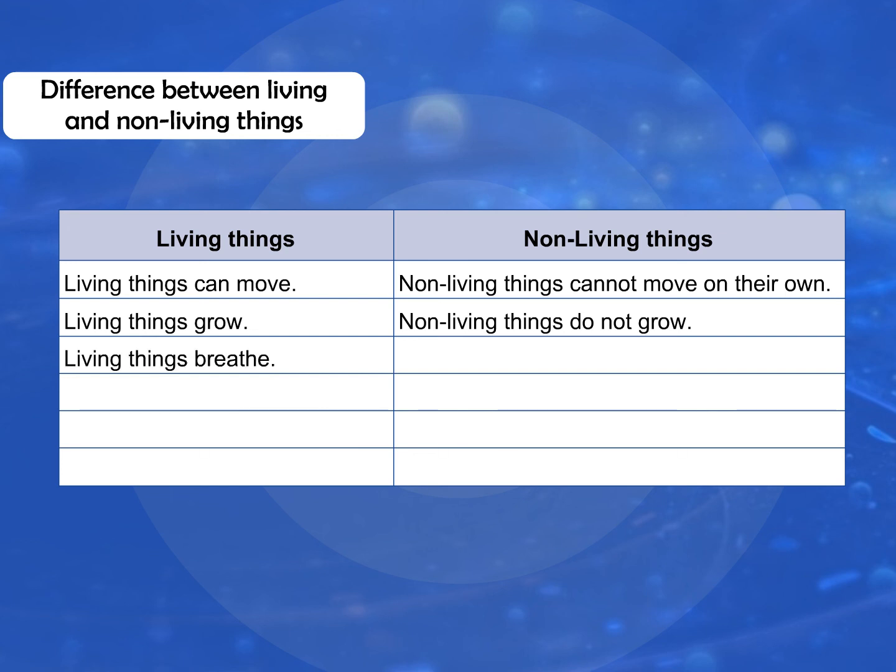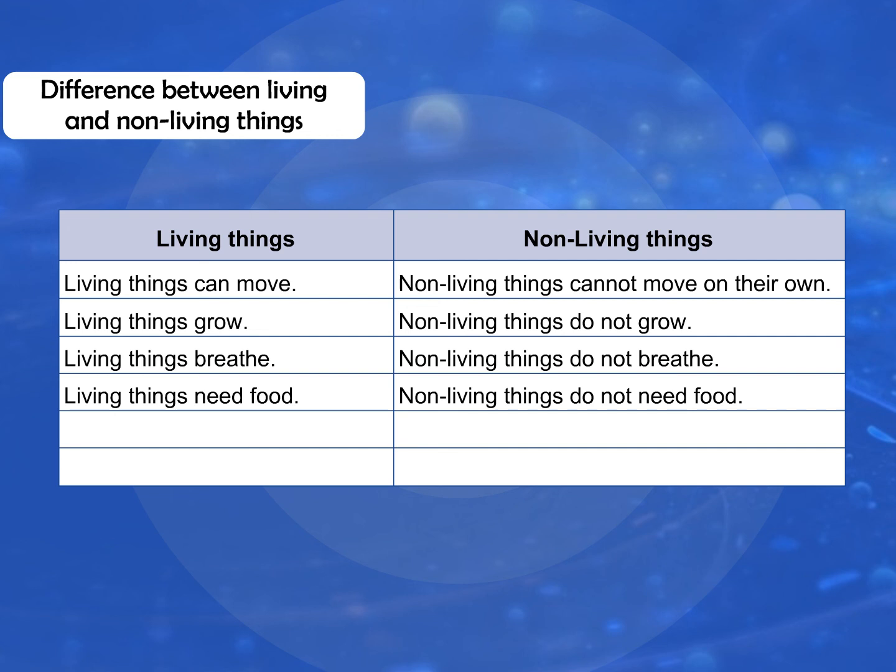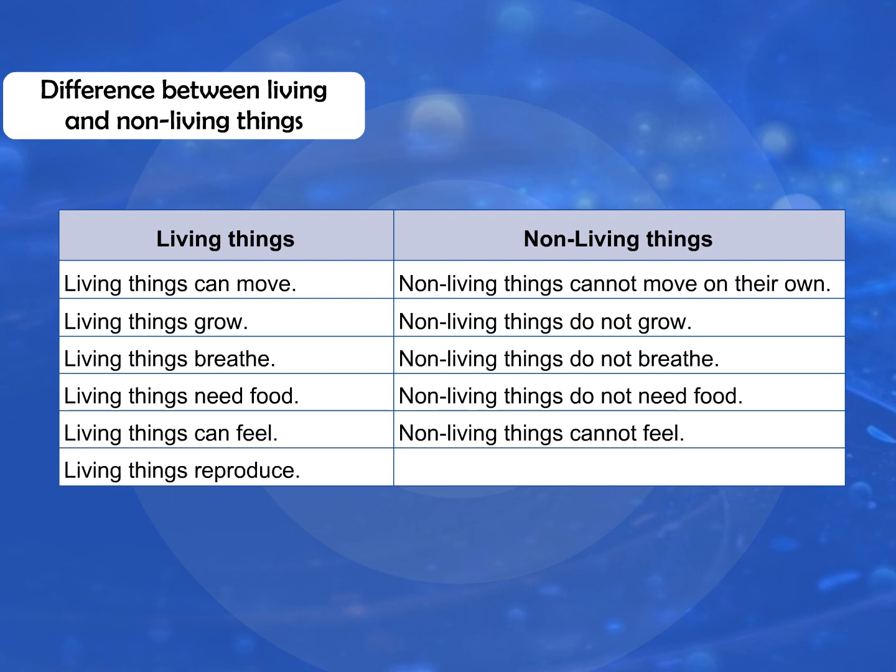Living things breathe. Non-living things do not breathe. Living things need food. Non-living things do not need food. Living things can feel. Non-living things cannot feel. Living things reproduce. Non-living things do not reproduce.